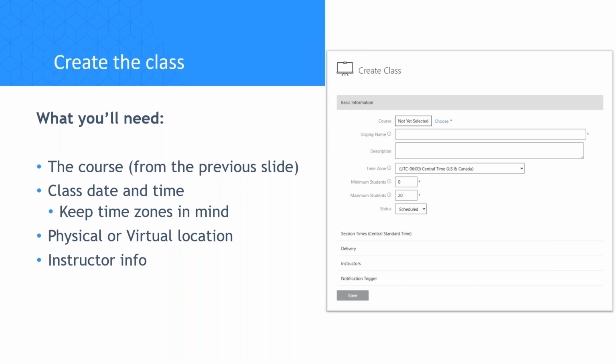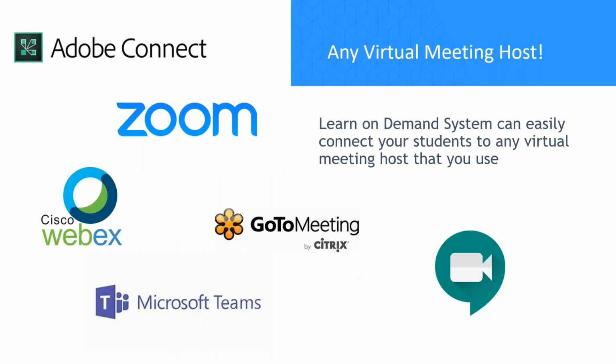Now, the physical and virtual location, when we're talking about virtual, what we're talking about is a meeting host. And you may be familiar with some of these names like Adobe Connect or Zoom or Cisco WebEx. But all of the logos you see here currently have the ability to work as classrooms for a class inside of the Learn on Demand Systems TMS.